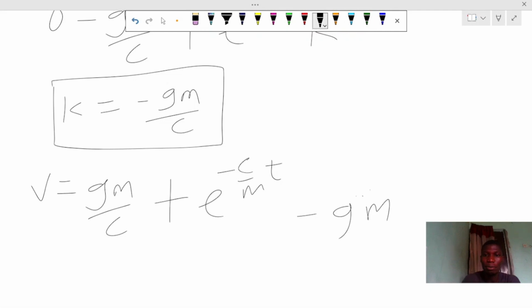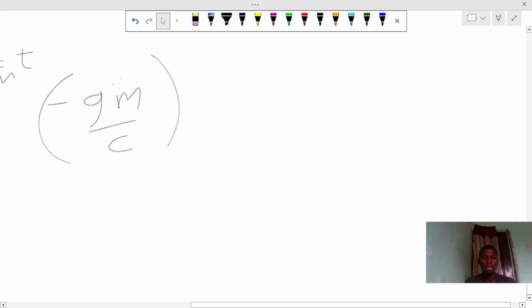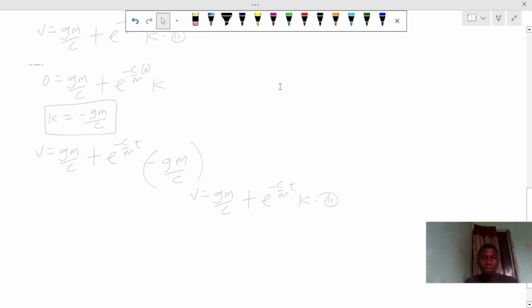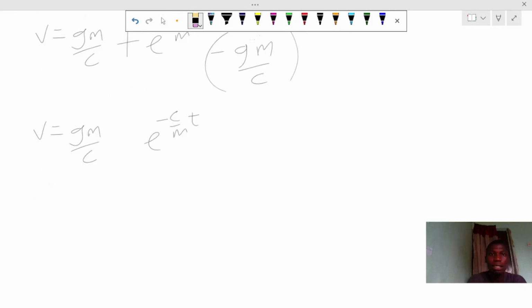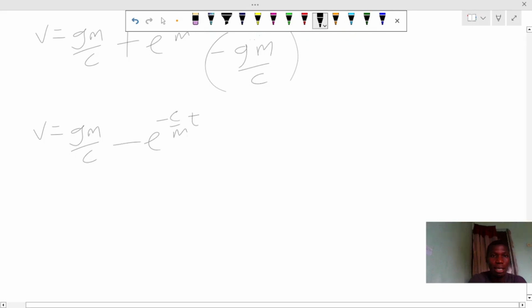So I'll multiply by this. This will result in having a negative sign here, because when this multiplies, we'll have a negative sign here, and then of course gm over c.